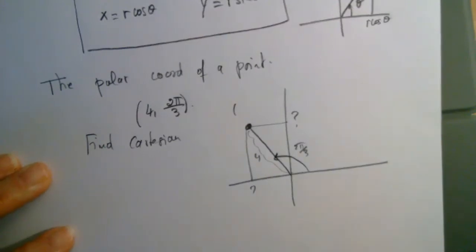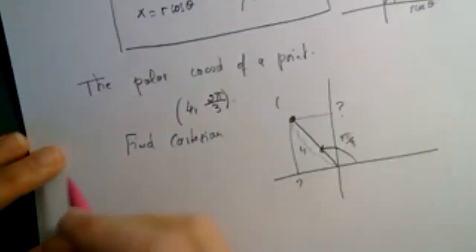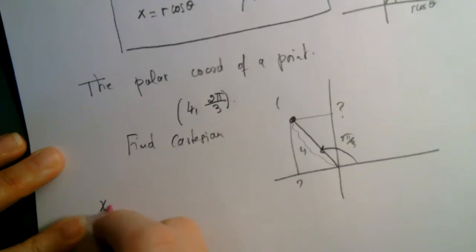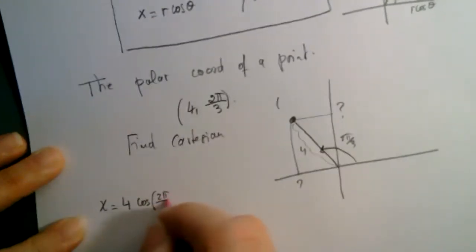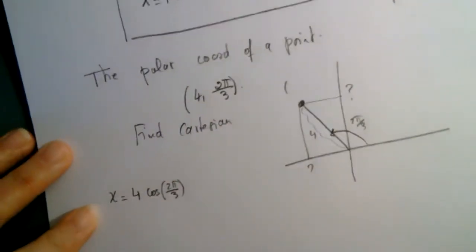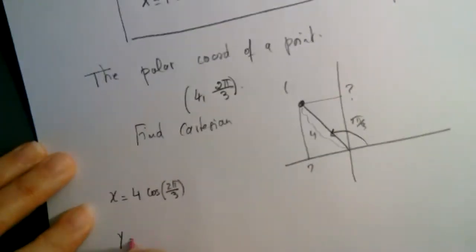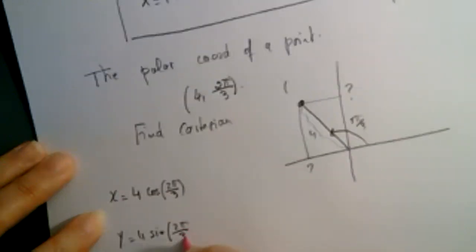It's a fairly simple, extremely useful, absolutely crucial formula. So the x component is going to be 4 cosine 2 pi over 3, and the y is going to be 4 sine of 2 pi over 3.